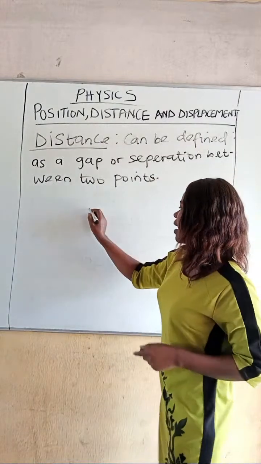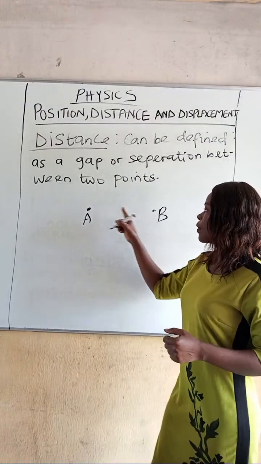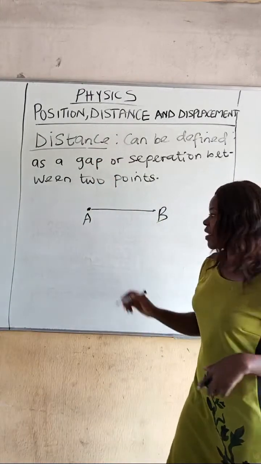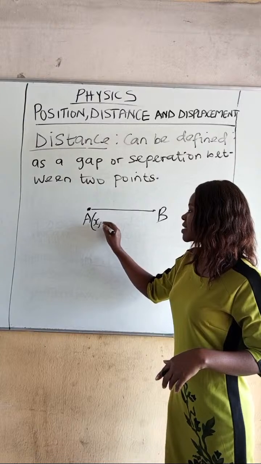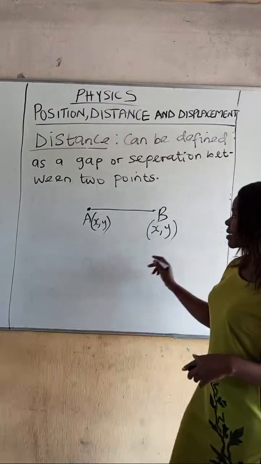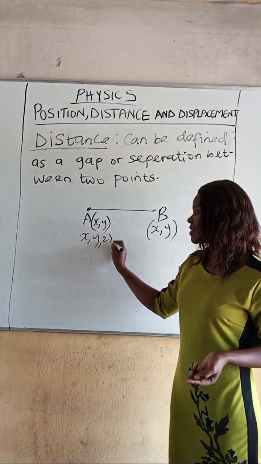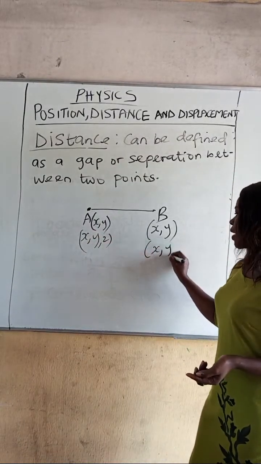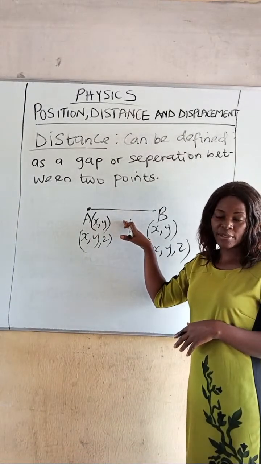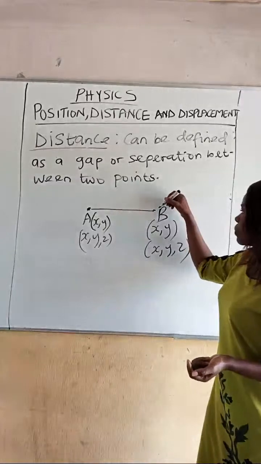For example, I have point A and point B. The gap or separation between them is said to be distance. This point will have x and y axes. This other point will also have x and y axes. A point can also have x, y, and z. So we are able to locate our distance between points. We can conclude that distance is the gap between 2 points.